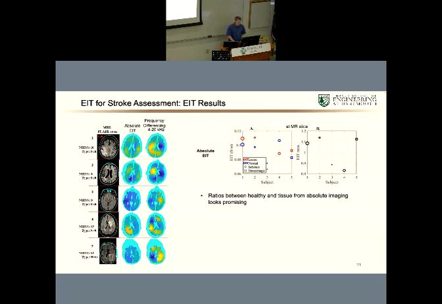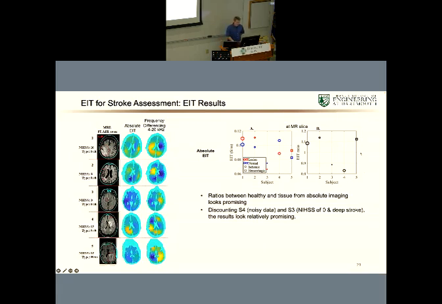So we're seeing some contrast, a 10% sort of increase in the conductivity for 3 out of the 5 subjects. And that's interesting. It's only somewhat promising because subject 3 and 4 had the noisiest data by far, and subject 3 had a stroke score of 0 and a very deep stroke.